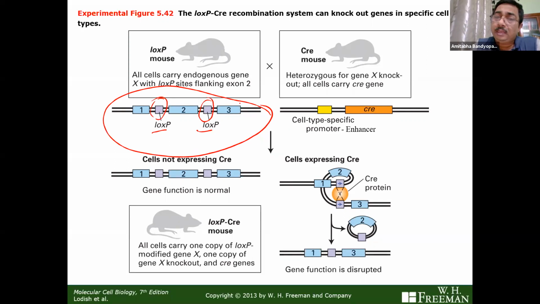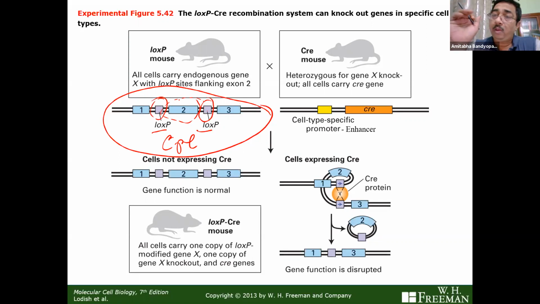So if in that same cell you express the Cre recombinase, then what will happen? Then Cre will recombine these two LoxP sites, and the intervening sequence, this exon 2 sequence, will be chucked out.